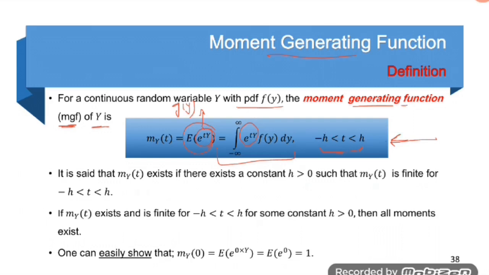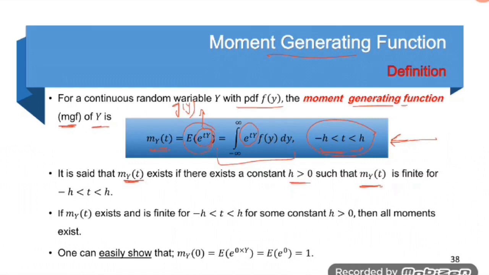It is said that if M_y of t exists, then all the moments exist, and we call it existing if there is a constant h greater than 0 such that this function is finite for t between negative h and h. So outside this range, this function could be undefined.